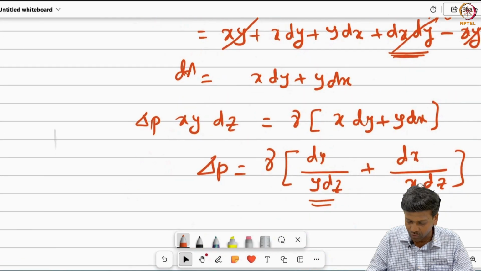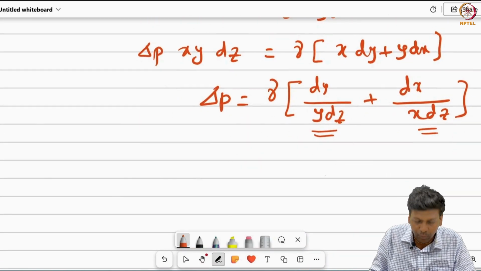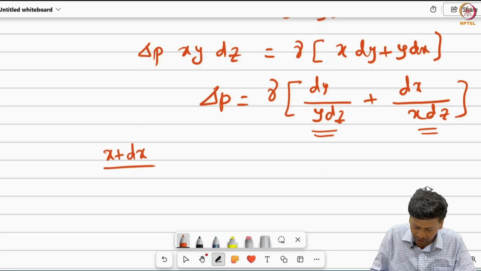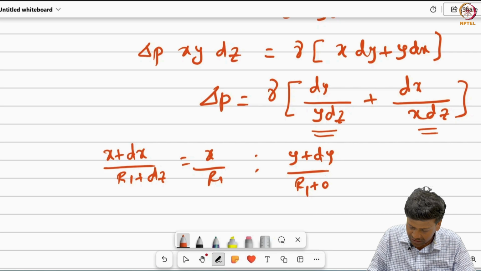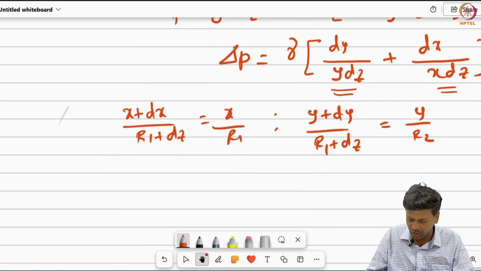For that, we resort to the propositions that we set: x plus dx divided by R1 plus dz is nothing but x by R1, and y plus dy divided by R2 plus dz is nothing but y by R2. So this is what we have.